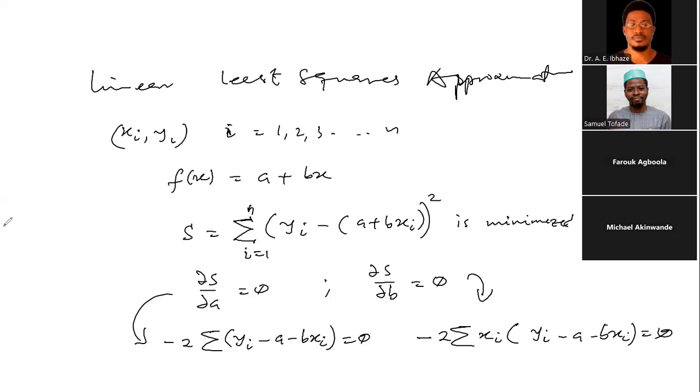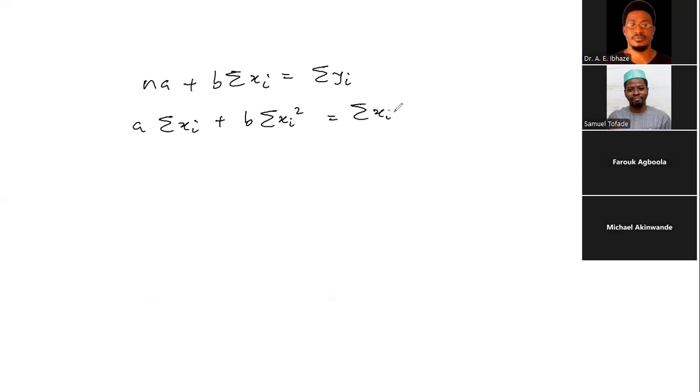So this will lead to na plus b sigma x sub i equals sigma y sub i, and the other will reduce to a sigma x sub i plus b sigma x sub i squared, which is sigma x sub i y sub i. By the time we solve this, there we go.